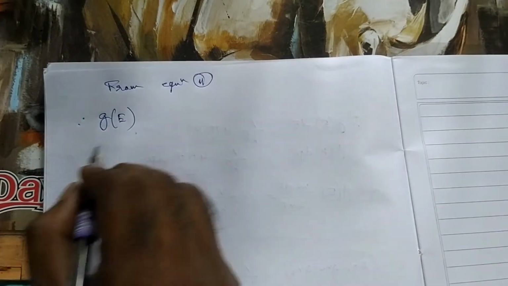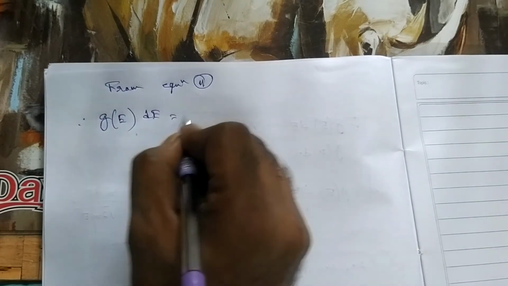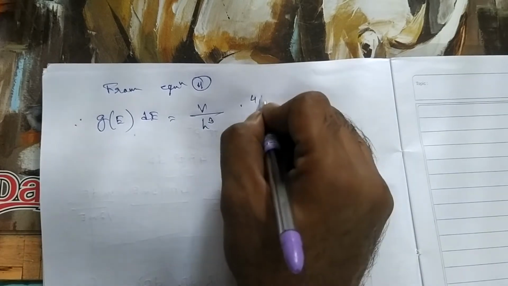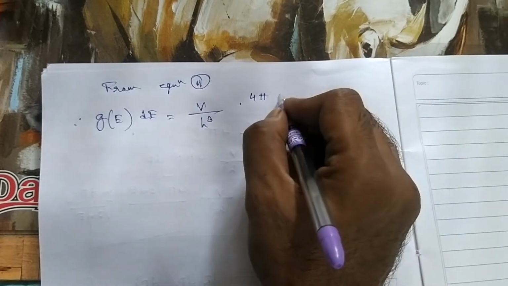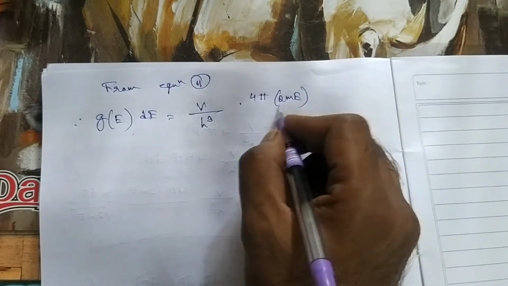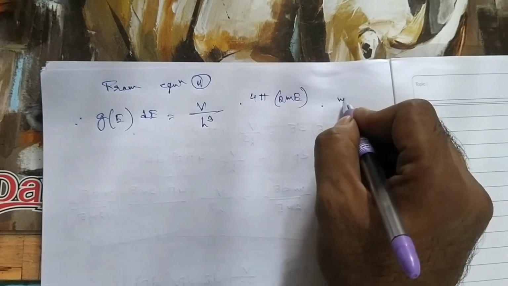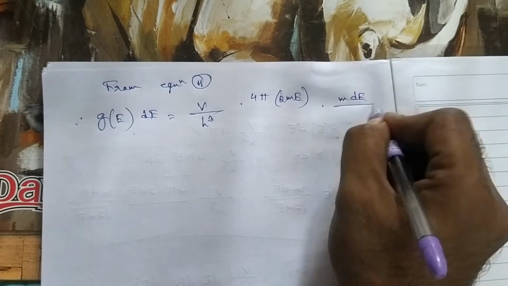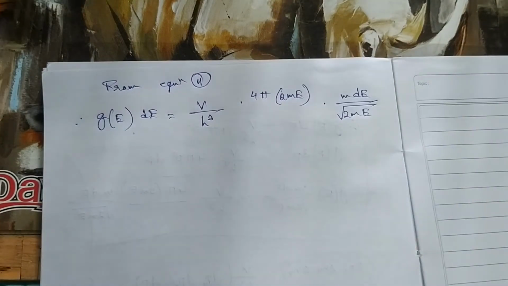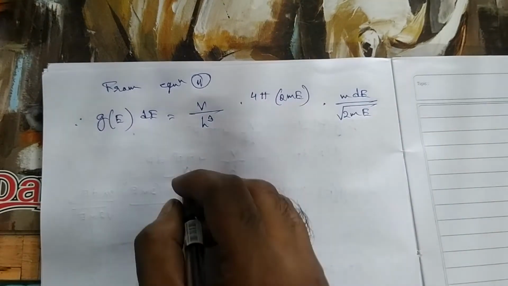Now from equation 2, we have the function in terms of energy, g(E) dE equal to V by h cube 4 pi p square dp. Obviously p square is equal to 2mE. We put the value of p square as 2mE and dp equal to m dE by root under 2mE. Clear?